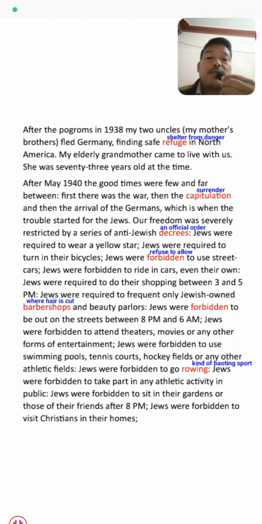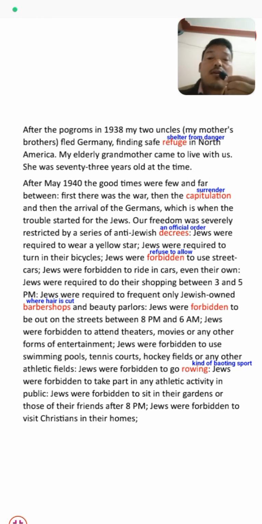This means after the pogroms in 1938, there was danger. They were in trouble and looking for a safer place because of Hitler's anti-Jewish laws. The two uncles, brothers, fled Germany and started finding a safe place in North America because of that very cruel Jewish law.